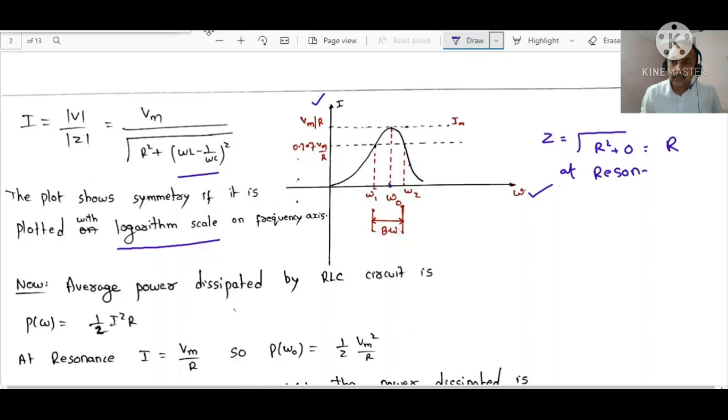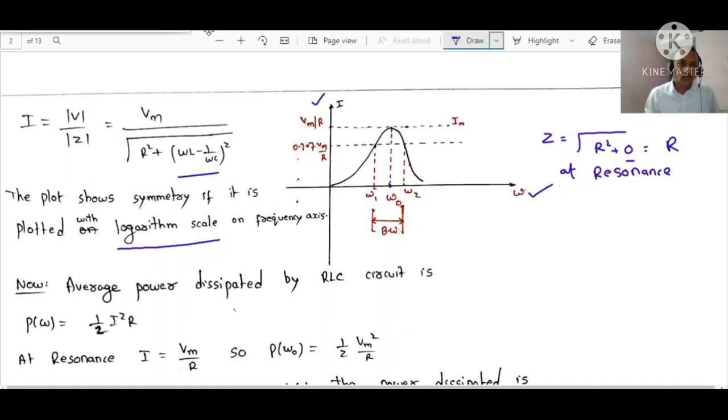So Z is minimum, and the current will be maximum. Clear? I repeat again. At resonance, the imaginary part of impedance is made 0, so Z equals root over R square, which is simply R. So the impedance is minimum and the current is maximum in series resonance.